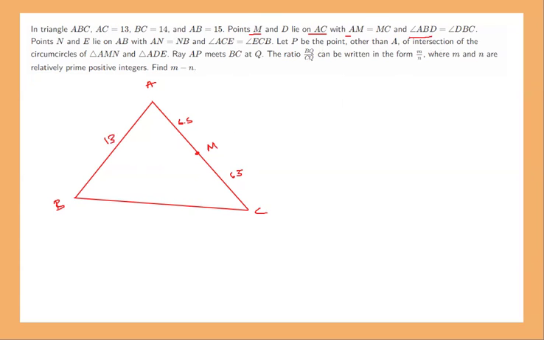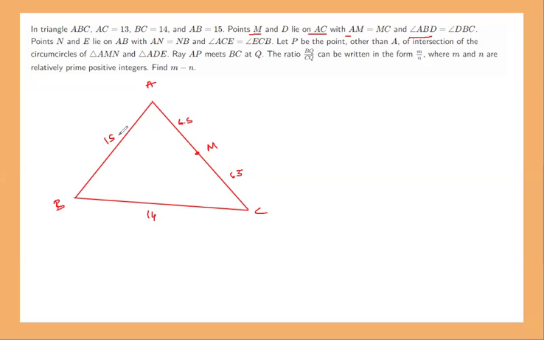So AB is 15, and BC is 14. If you remember the angle bisector theorem, let's say this is drawn something like this, the ratio of 15 to 14 has to be the ratio of those pieces as well.